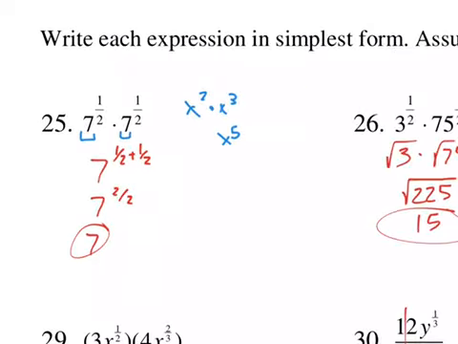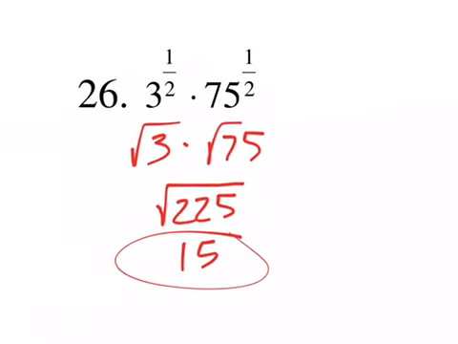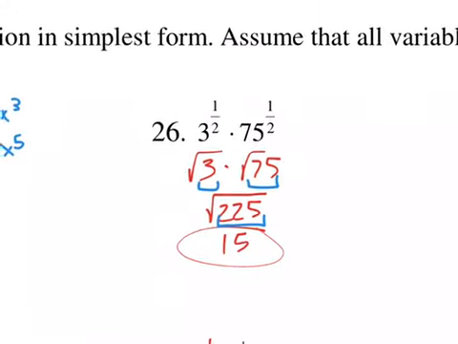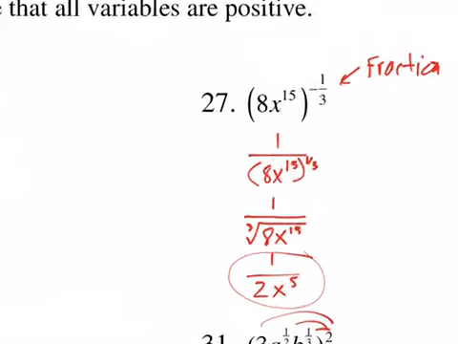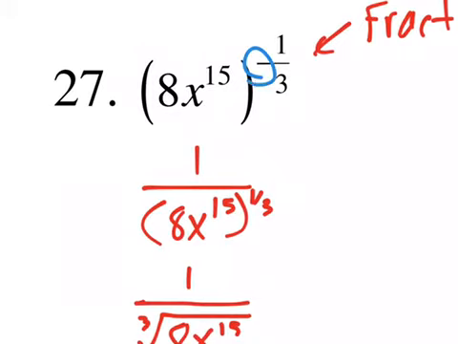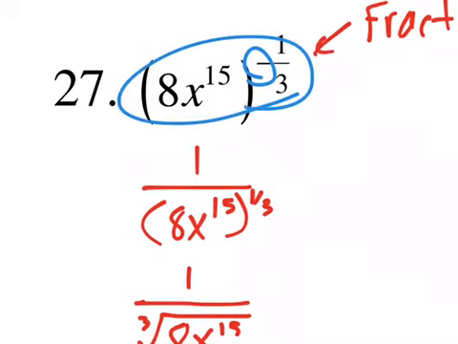This one here, we need to switch it into square root form and then realize same indexes and we're multiplying. We can multiply the radicands, and then 225 ends up being a perfect square, 15. This one here, this negative tells us to take the reciprocal, which is why we took this entire problem down to the denominator.